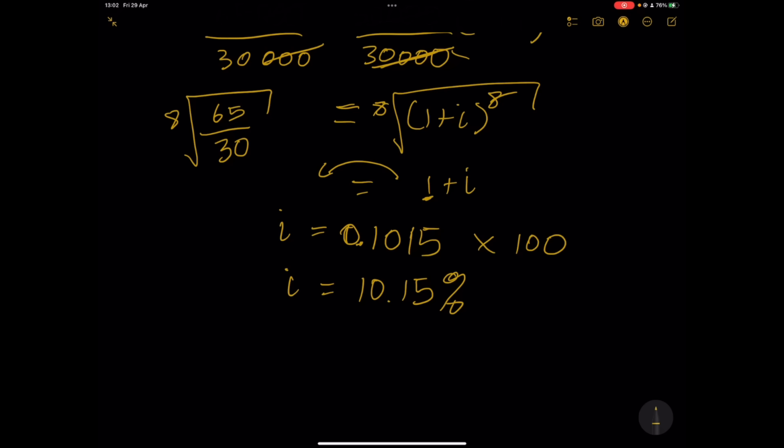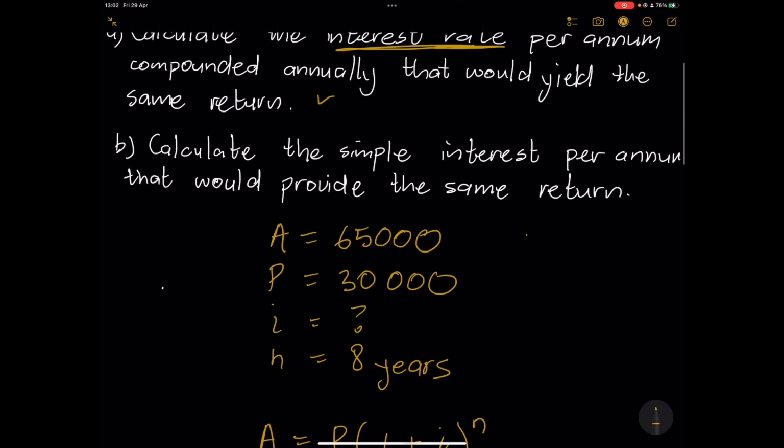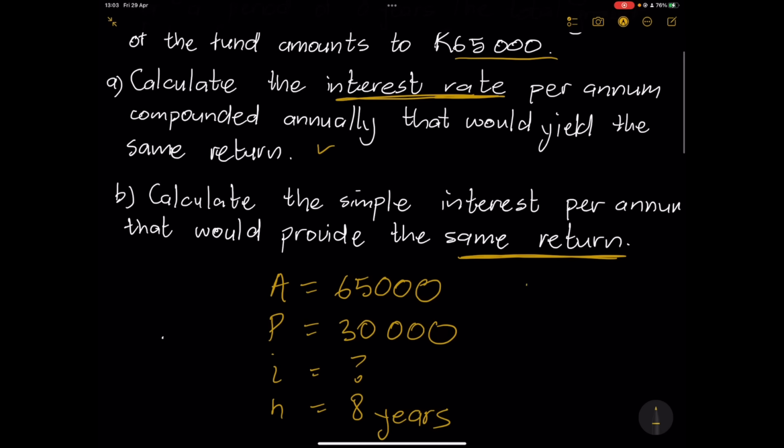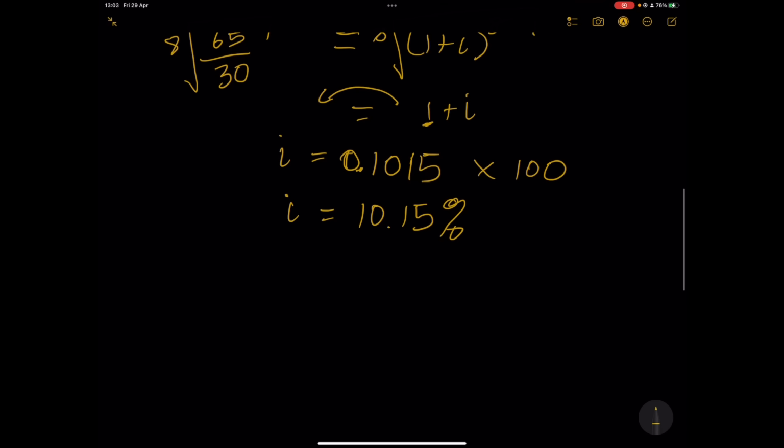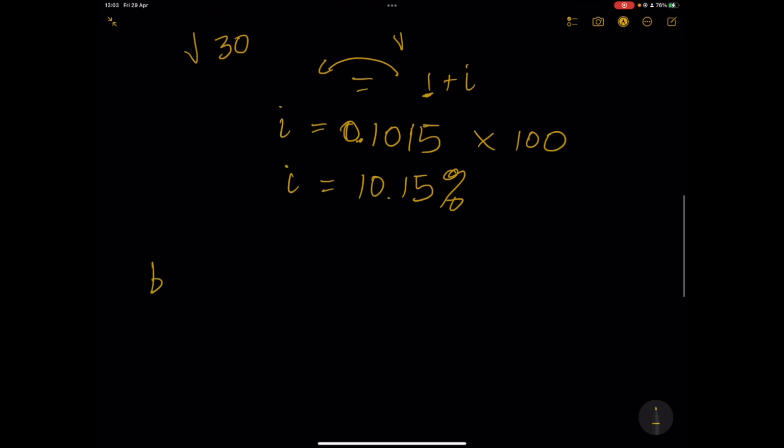Okay, right. The next question, I hope that made sense. So they say calculate the simple interest per annum that would provide the same return. So remember, we considered in the previous example that it would have been compound interest, but this time they say, well, what would be the simple interest rate that would give us the same return?